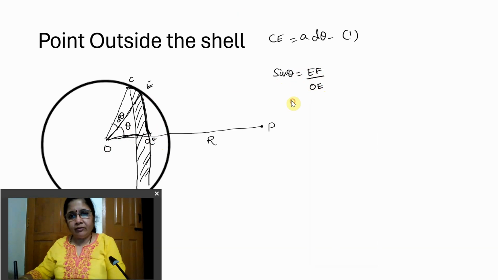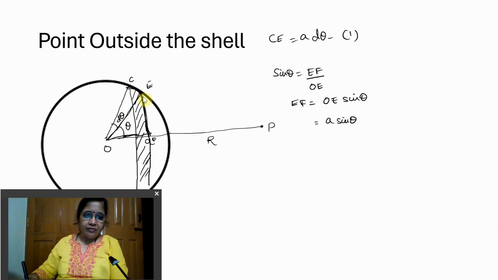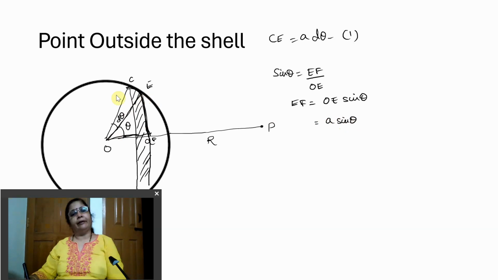So I need EF. EF is equal to OE sine theta, and what is OE? OE is a, so EF is a sine theta. What is EF here? EF is the radius of this particular ring. You have cut out a ring that will have a radius, right? So EF is the radius of this particular ring.